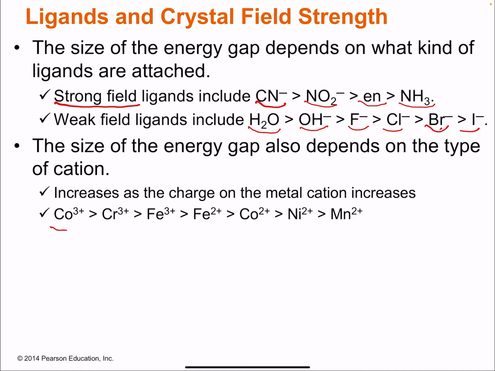Typically, higher charged metal ions tend to attract the ligand electrons more strongly, creating a greater level of repulsion. You don't have to really know why so much. All you have to know is this series of what's weak field and what's strong field, and I typically provide that to you. You don't have to memorize what's weak field and what's strong field.